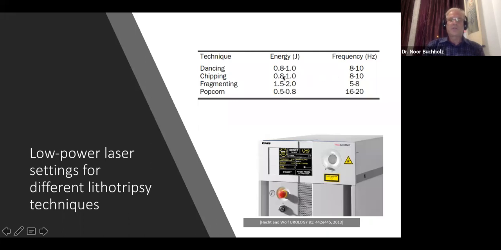So both of them are on the periphery. The difference is one is a soft, the other one is a hard stone. For the fragmenting of very hard stones, you ramp the energy up and you keep the frequency fairly low. And for the popcorning, which we just have seen, you keep a reasonably low energy and high frequency.